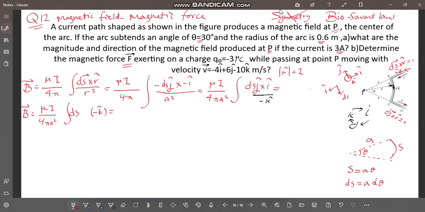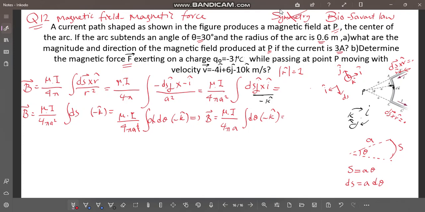So instead of ds I can put mu 0 I over 4 pi a squared, integral of a d theta minus k hat. So for the magnetic field, this a comes out and cancels with one a: mu 0 I over 4 pi a, integral of d theta minus k hat.